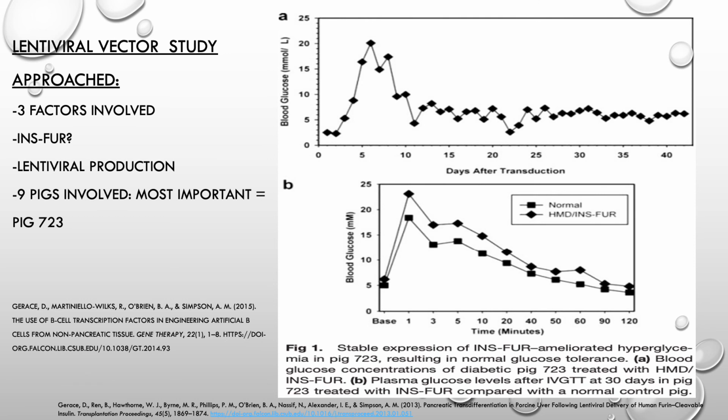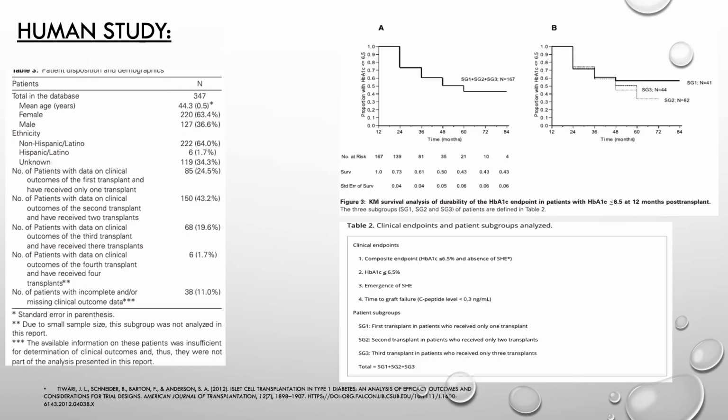And the pig died not because of the lentiviral vector, supposedly, but they said that he died of some other cause, which I don't know if I believe that. And then the results also suggested that increasing or lowering the dosage of the vector did not result in diabetes reversal in the pigs, and they also concluded that further testing still needs to be done, which is probably true with any of these studies.